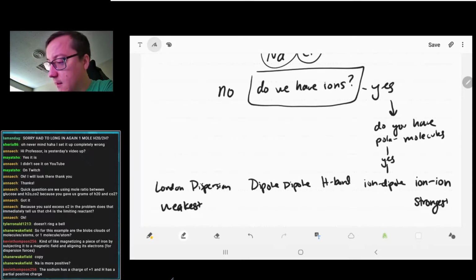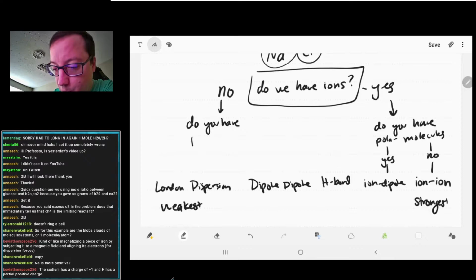If yes, then you're going to have ion dipole forces happening. If you do not have polar molecules around, you're going to have just ionic bonding happening. If you do not have ions, you want to ask yourself the same question. Do you have polar molecules?